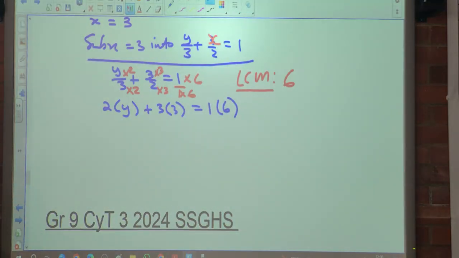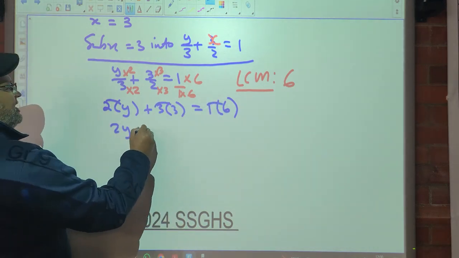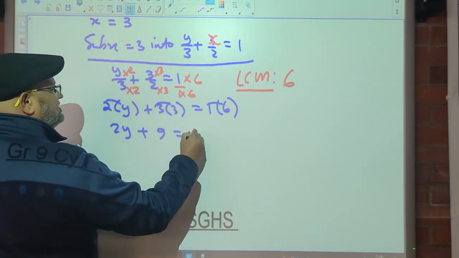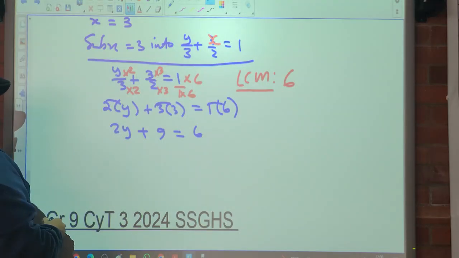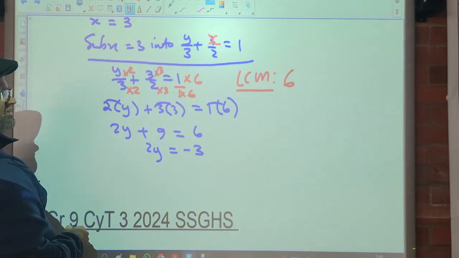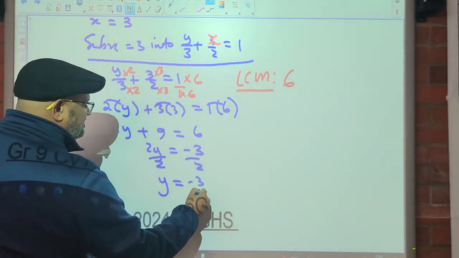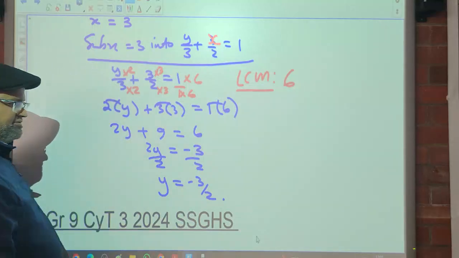It's a matter of solving for y now. Get rid of the brackets. 2 times y is 2y. 3 times 3 is 9 equals 6. So 2y is equal to 6 minus 9, which is negative 3. Divided by 2 both sides. So y is equal to negative 3 over 2.